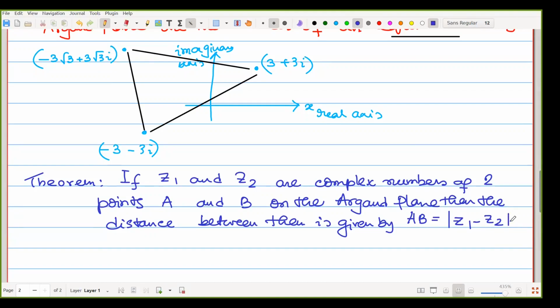That is the easiest way to find the distance between two complex numbers.